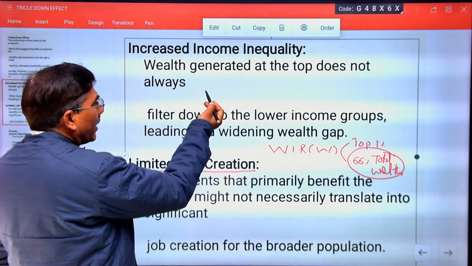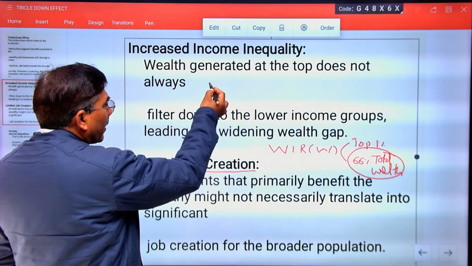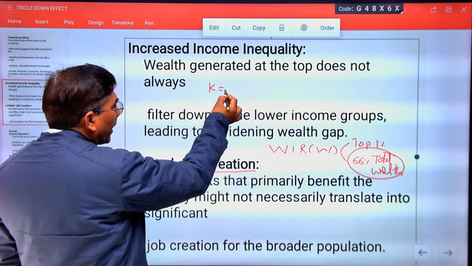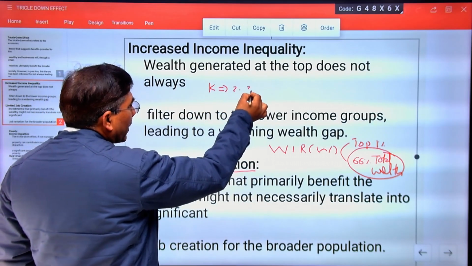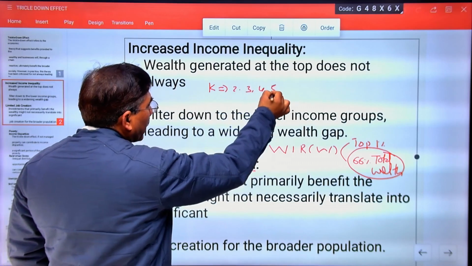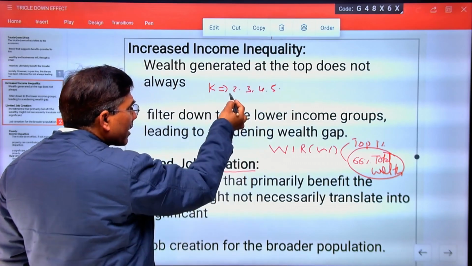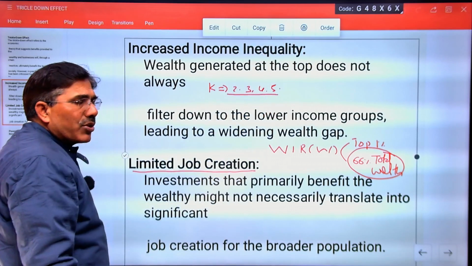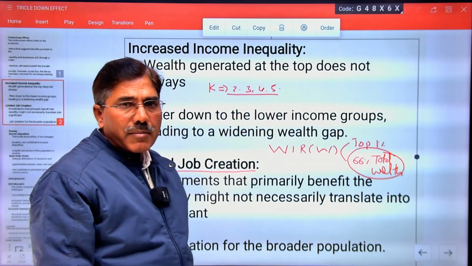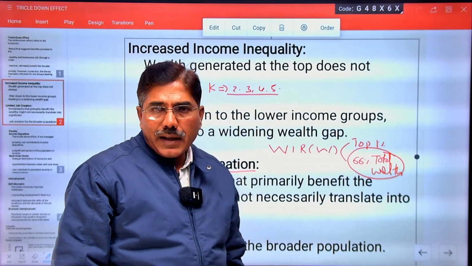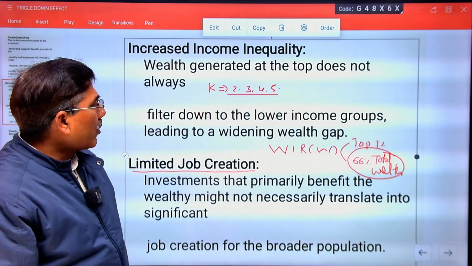As I previously discussed, if our multiplier theory is not working at the secondary, tertiary, fourth and fifth levels and so on, it means it is not capable of generating additional output, additional employment opportunities, and additional income opportunities for our economy.